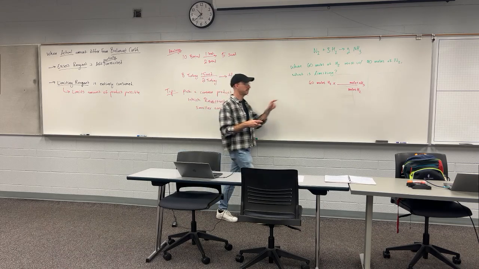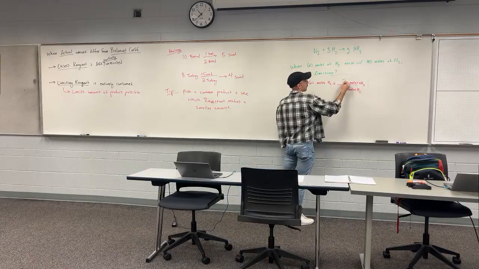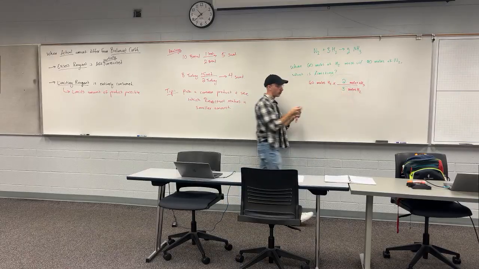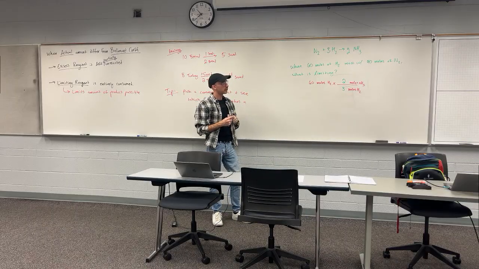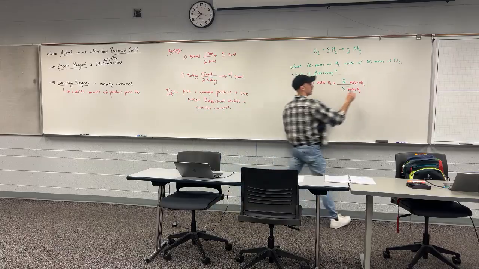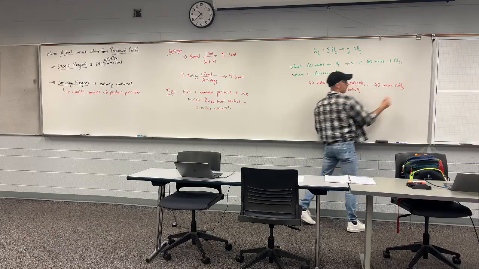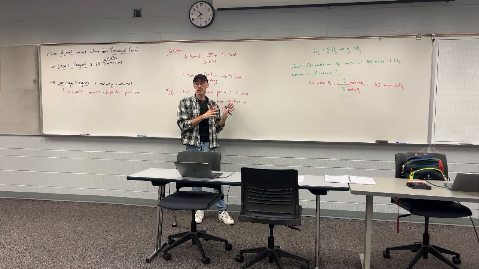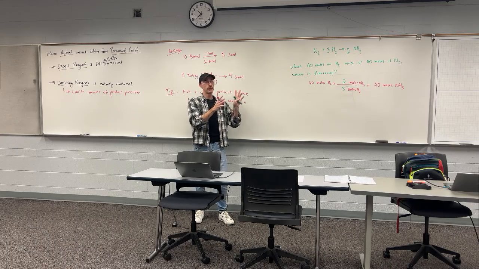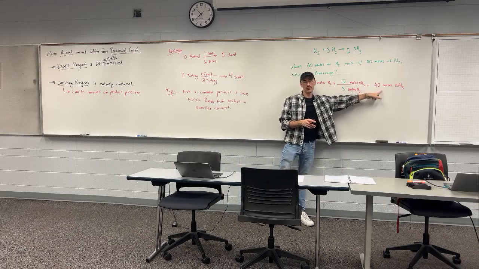Two over 3. 2 moles of NH3 require 3 moles of H2. 60 times 2, 120, divided by 3, I can make 40 moles of ammonia. Does that seem valid? For every 3 moles of H2, I only make 2 moles of NH3, so I make a smaller amount of NH3.